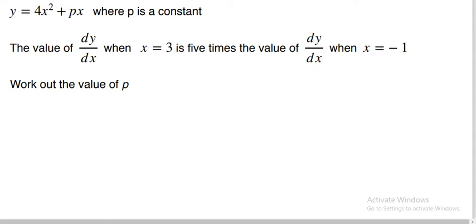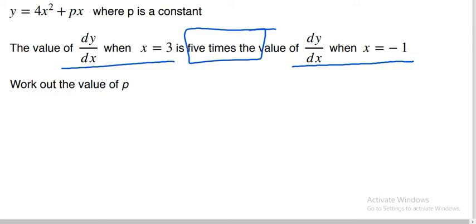Next question. Y equal 4x to the power of 2 plus px, where p is constant. Find the value of p, given that the value of dy by dx when x equal 3 is 5 times the value of dy by dx when x equal negative 1.